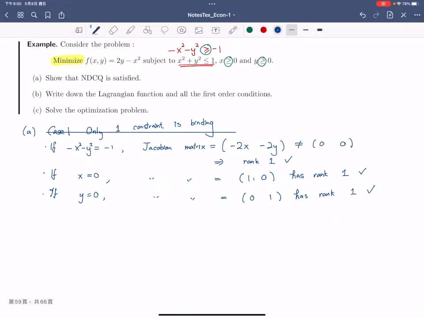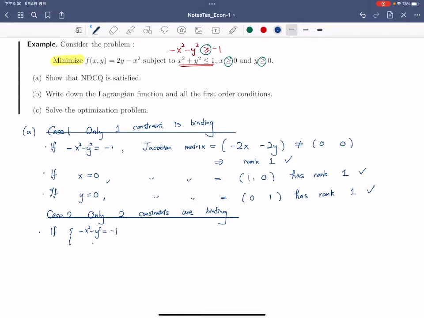Now you have case 2, where only two constraints are binding. Then you have three possibilities. Either the first two are binding.